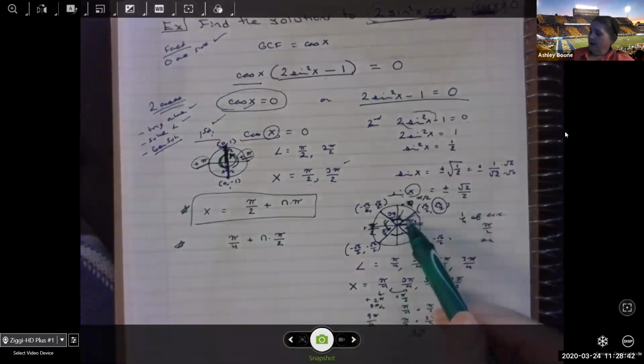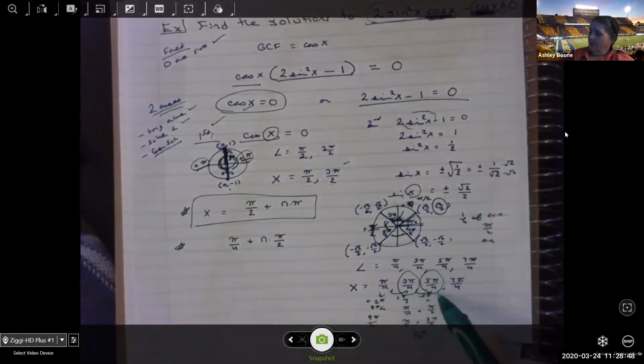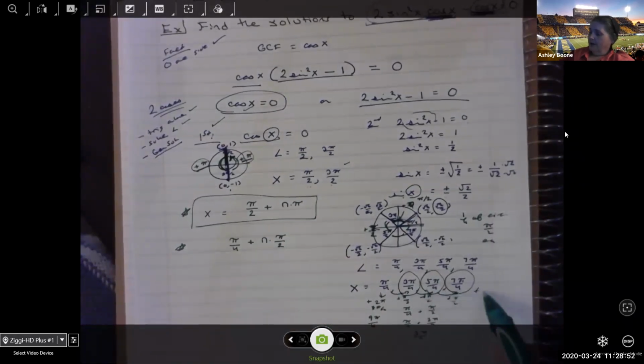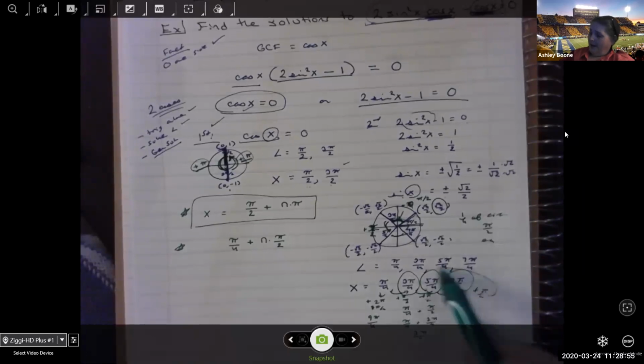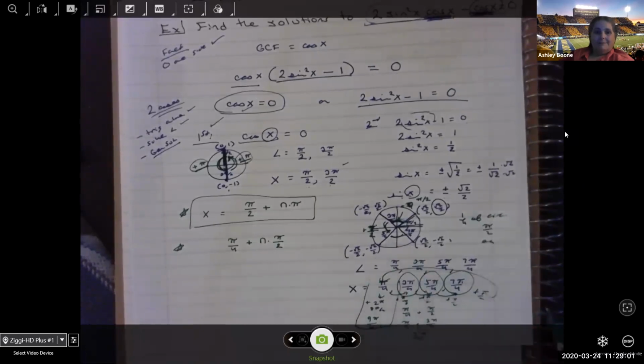Pi over 4 plus pi over 2 gets you here. If you go up by another pi over 2, you're going to get here. Go up by another pi over 2, you're going to get to 7 pi over 4. We go up by another pi over 2, it's going to bring us back around to a coterminal angle with the first one. And it just keeps going.